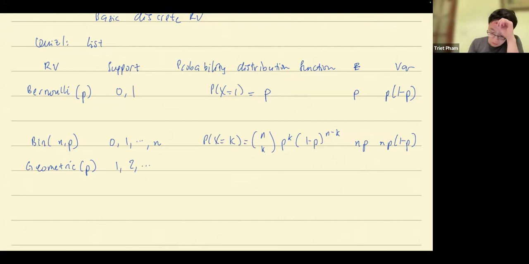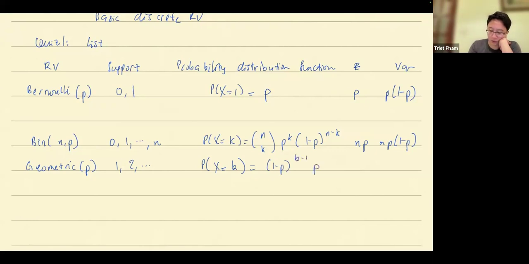So here, the probability that the geometric takes on value k will be (1 minus p) to the k minus 1 times p.